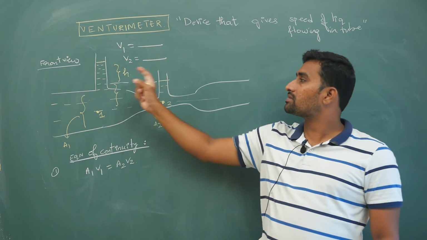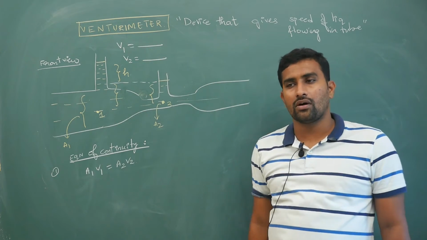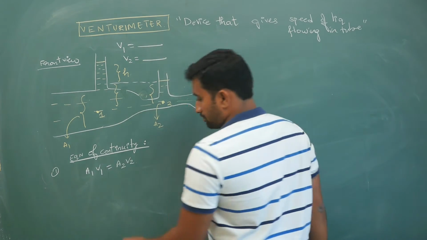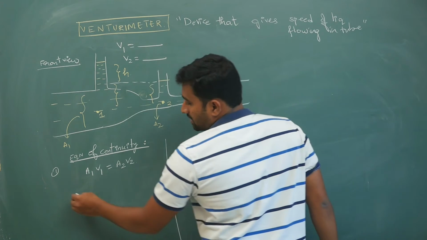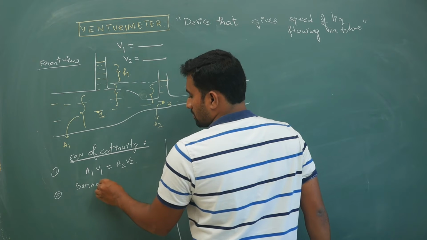These parameters will be known to us and we are supposed to calculate the velocity of flow of the fluid. Now your second equation is Bernoulli's equation.